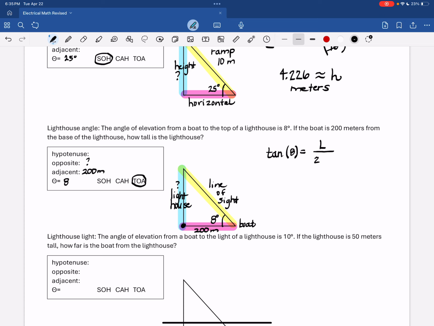And then 200 is the adjacent. It doesn't matter what letter you use. You could put a smiley face there if you wanted. So the lighthouse is approximately 200 times the tangent of 8, 28.108 meters tall.